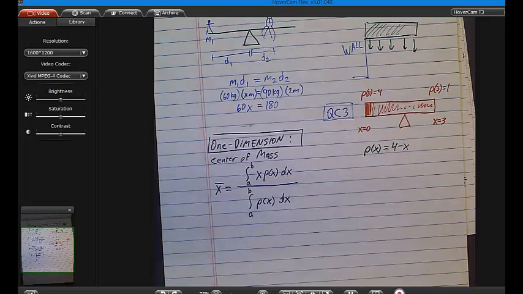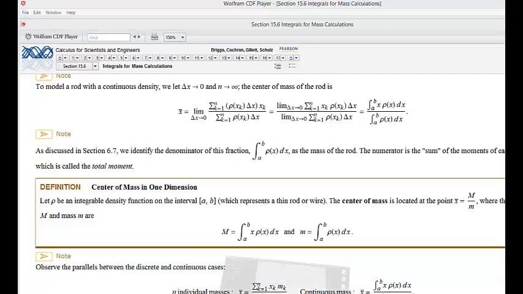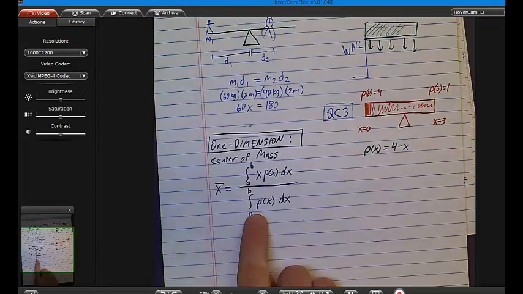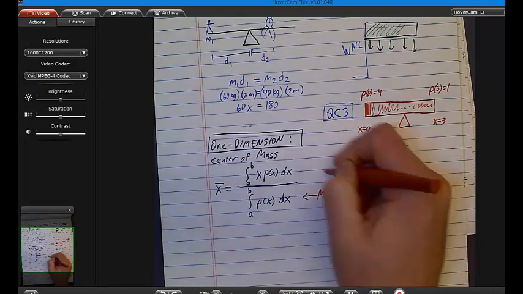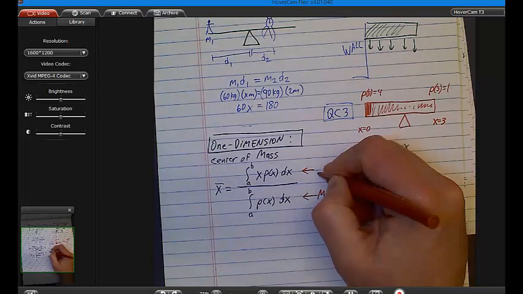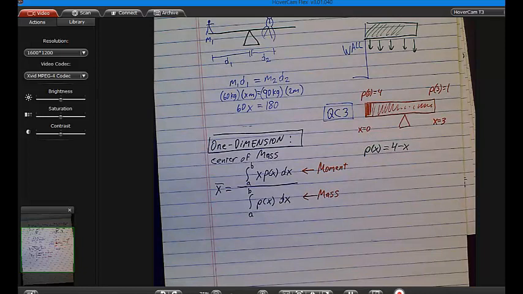But again, just so we understand what's happening here, little m is the mass. So when you integrate the density, that's your mass. But this, what's this? This is called the moment.